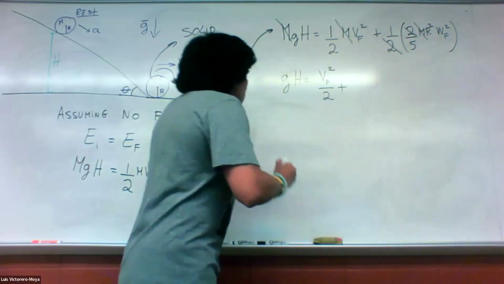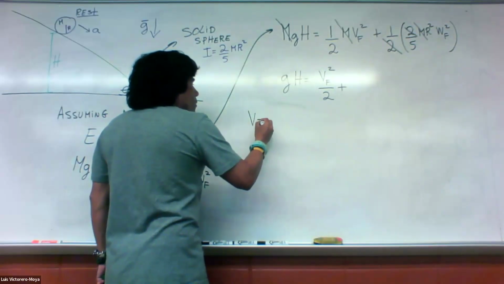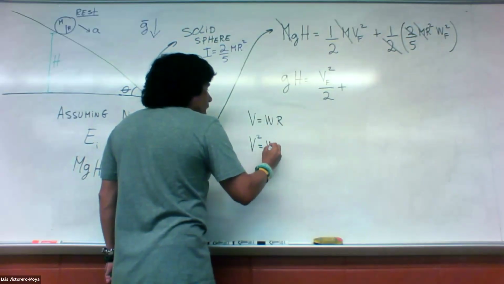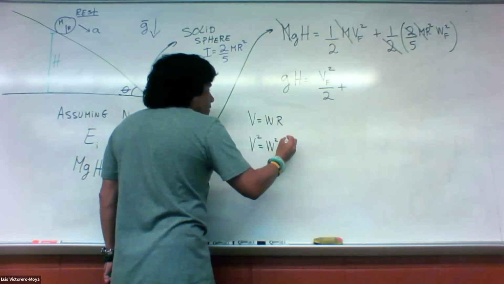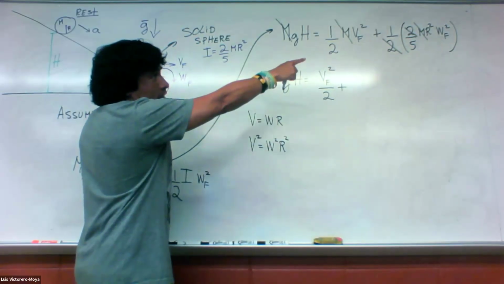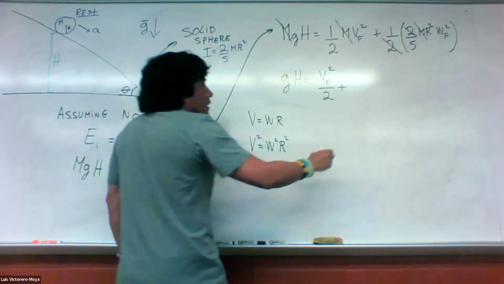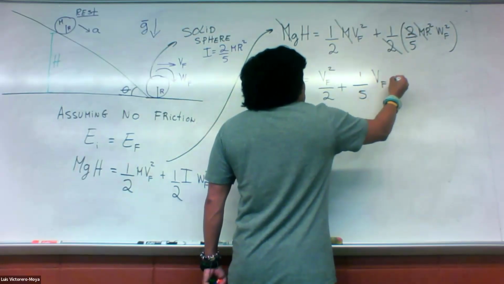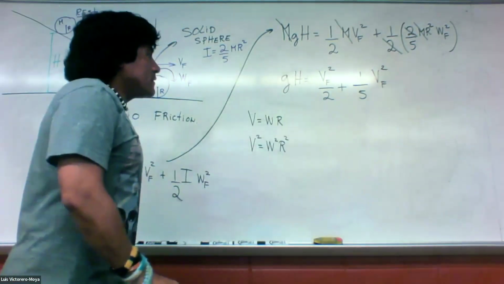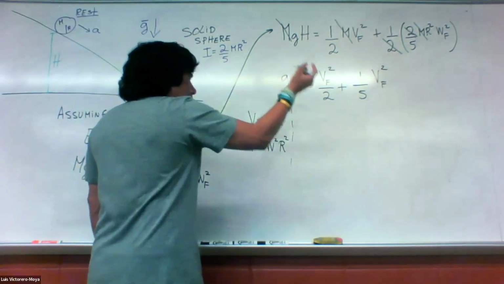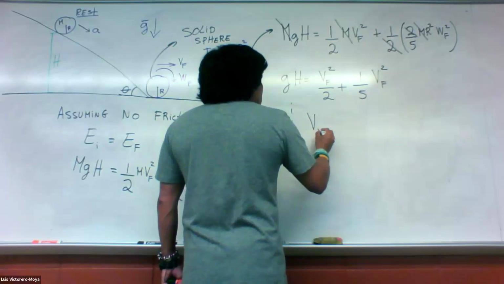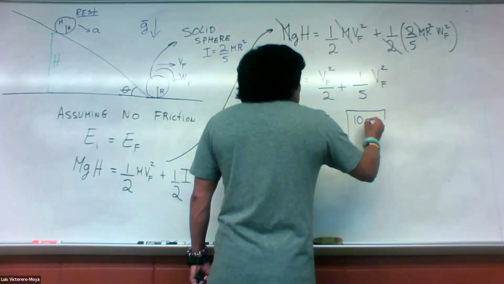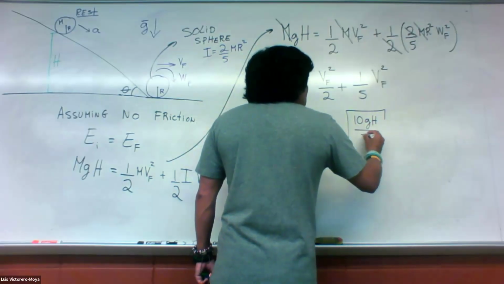Always v equals omega r. So v squared is omega squared r squared. So that omega squared r squared is v final squared. All right. So if I do the math here, I get that v final is the square root of 10gh divided by 7.